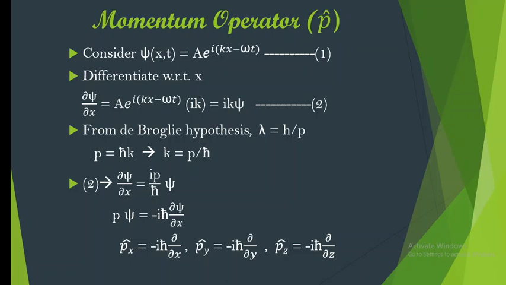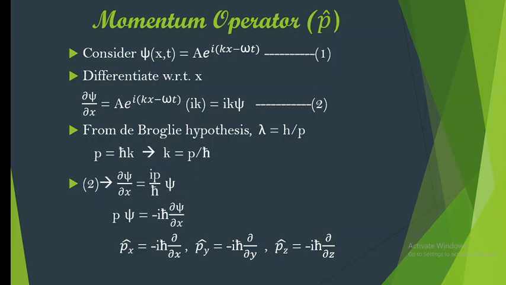Here we have considered only one dimension, that is along the x coordinate. So we can write the momentum as Px cap, which will be equal to minus i h cross dou by dou x. Similarly, along the y direction, Py cap is equal to minus i h cross dou by dou y.